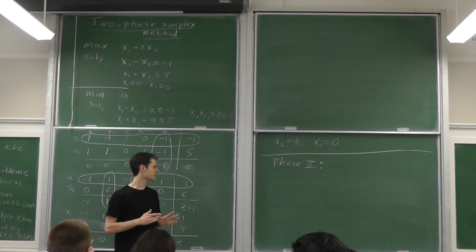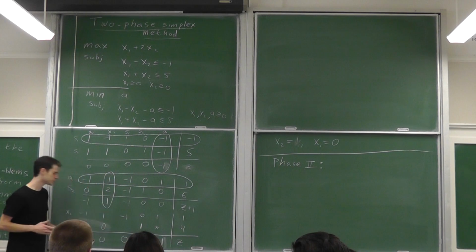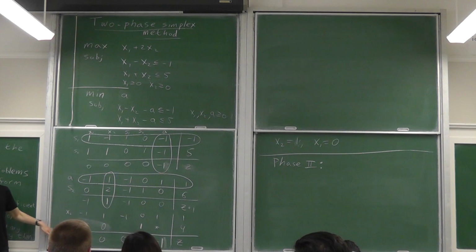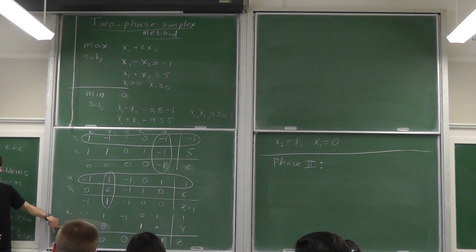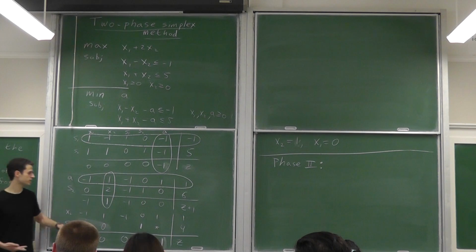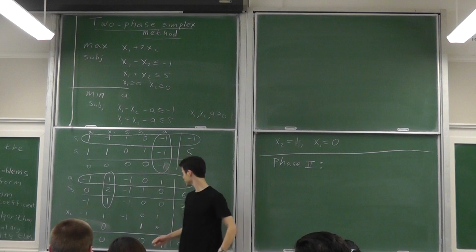What I didn't emphasize last time is that it is already given to you here. In this last step of the first phase simplex algorithm, you do have a dictionary where x2 and s2 are the basic parameters.